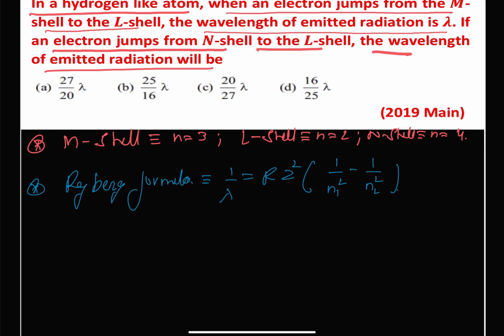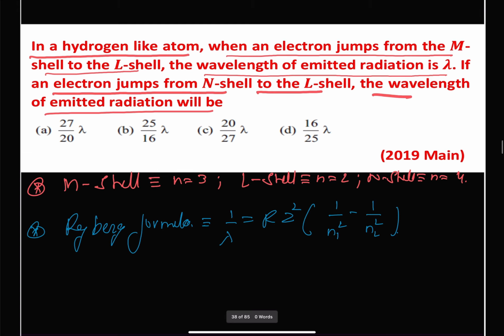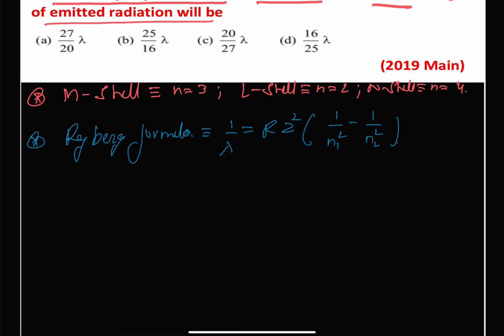First is the jump from M to L. Therefore, for M to L, we have 1 upon lambda is equal to R Z square times (1 upon 2 square minus 1 upon 3 square), which comes as 5 upon 36 times R Z square.